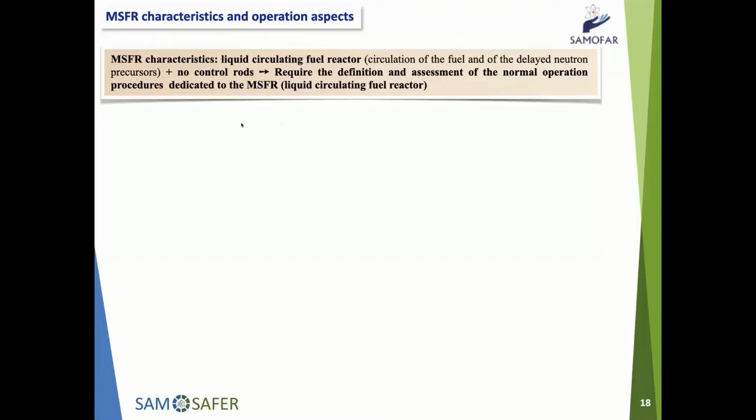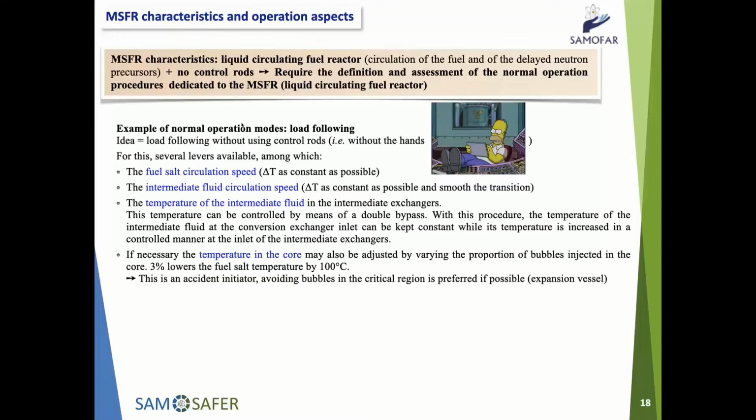So here, I think it's back to Elsa or I. No, from I. So here we have the molten salt characteristics, which is a liquid fuel, no control rod, and the idea is to see how we can model the normal operation, for example something very classic, load following. And the idea is to be able to do it without control rods.